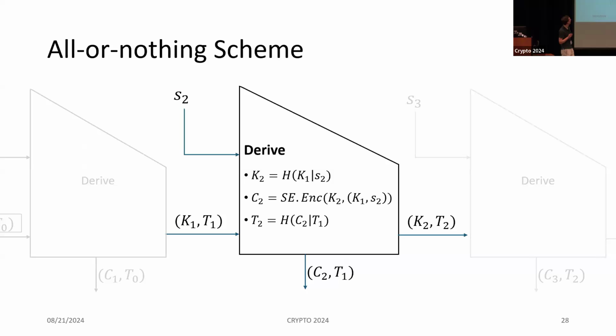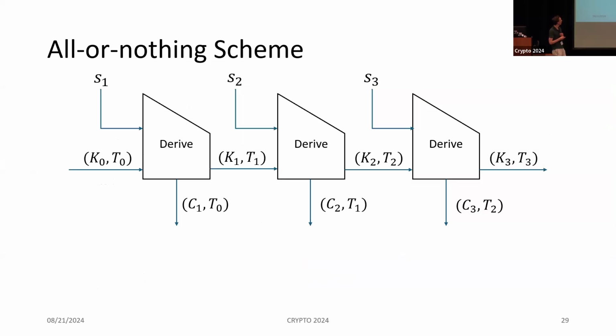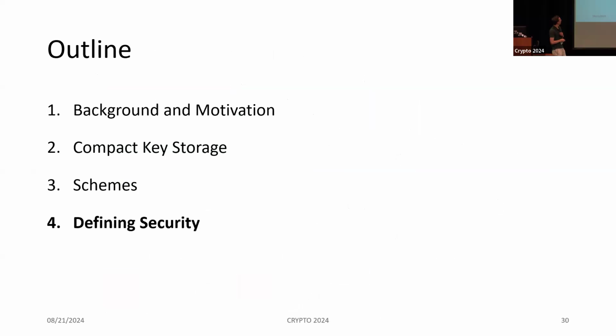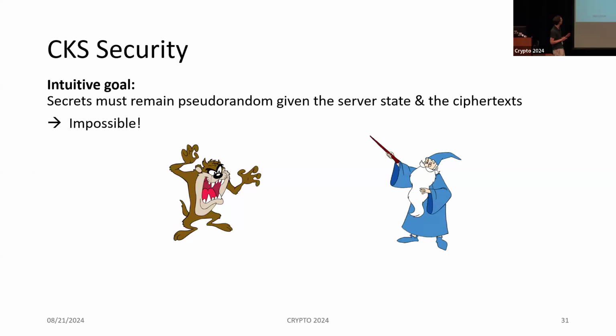So the one main message is it's built from what's called convergent encryption. You essentially encrypt under a key that you derive from the message itself. This is secure in the random oracle model. Proving that was a bit difficult. And for defining security, what was done naively is impossible.